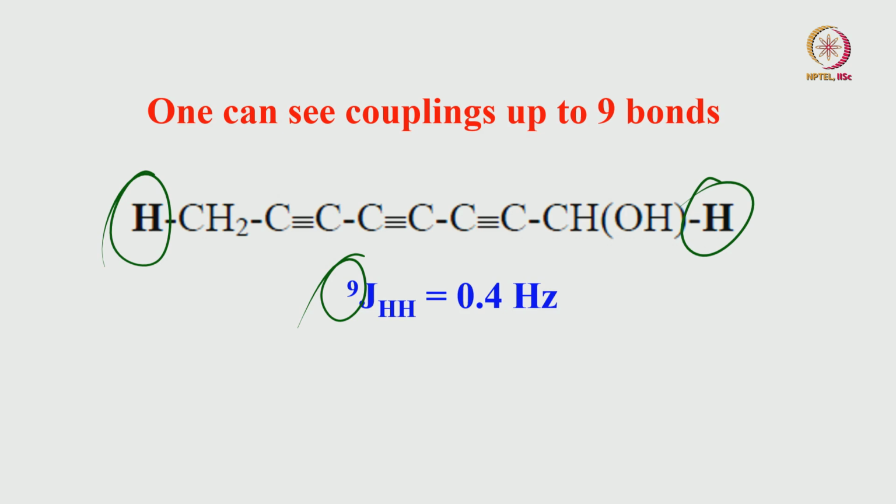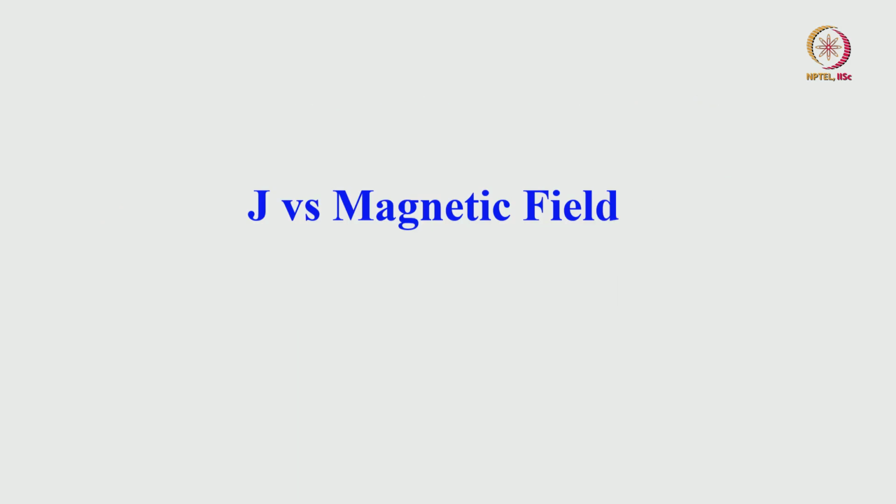So in principle we say as the number of consecutive bonds increases, the strength of interaction comes down. It is true, but there are examples in a linear molecule like this and a molecule which has a zigzag pattern, with very large coupling strengths over 4 bonds, 5 bonds, 6 bonds, even sometimes 9 bonds, that have been observed. This is what I wanted to tell you.